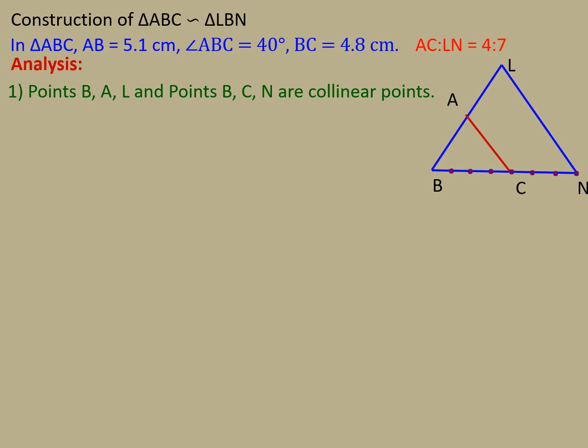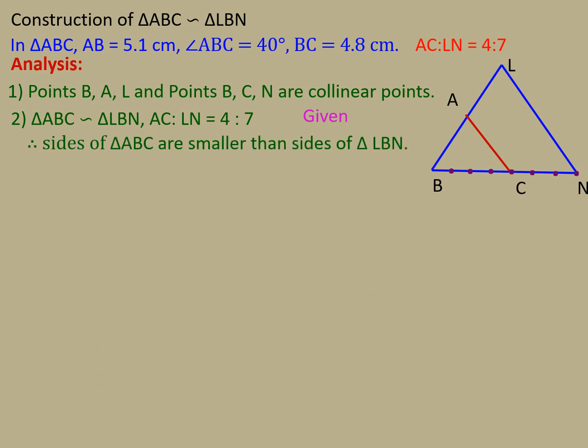Very important point to be written down. Then triangle ABC is similar to triangle LBN, and be careful, AC is to LN equals 4:7 is given to us. They have not given us BC is to BN. So we need to find out what BC is to BN will be.